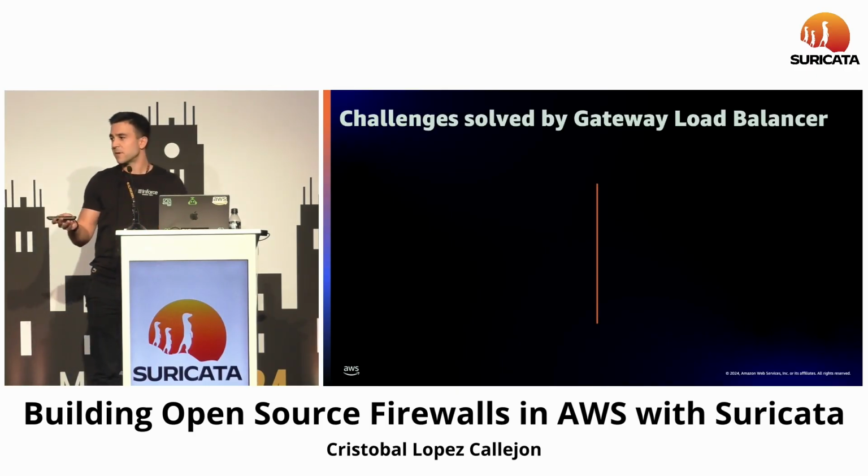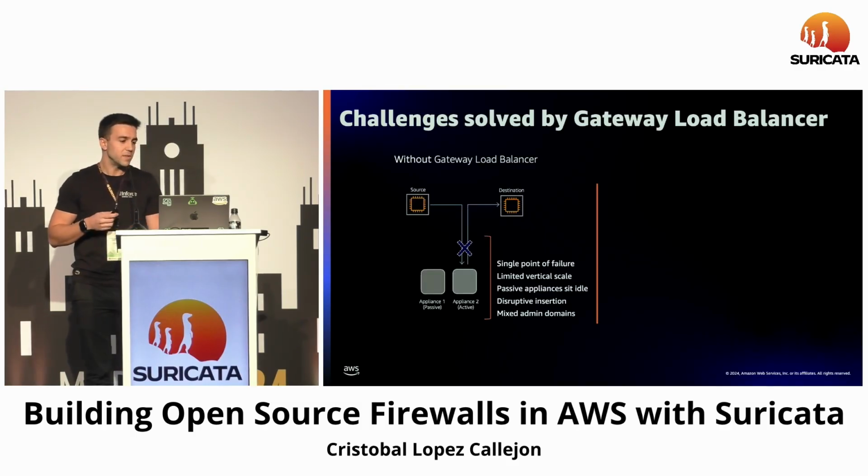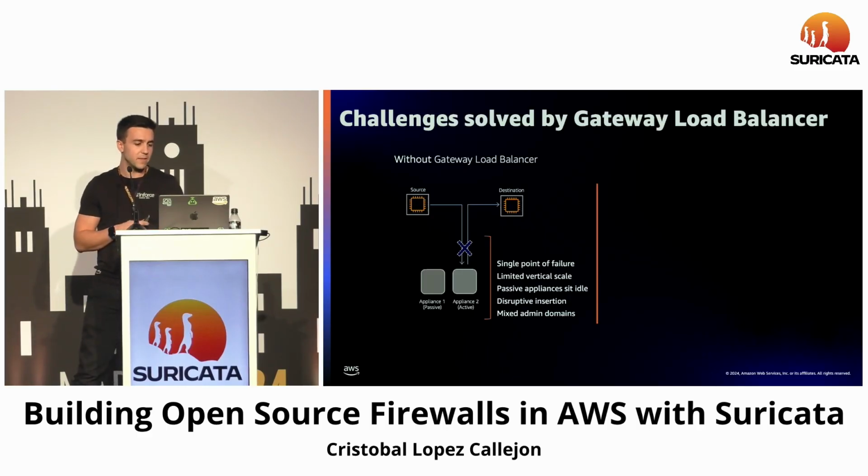So this service, the Gateway Load Balancer, comes to solve a situation that we see a lot with customers when starting to implement solutions, which is when we have inspection of some traffic with a source and a destination.